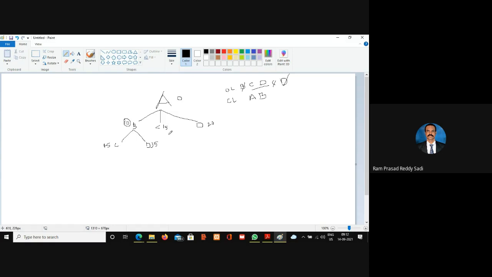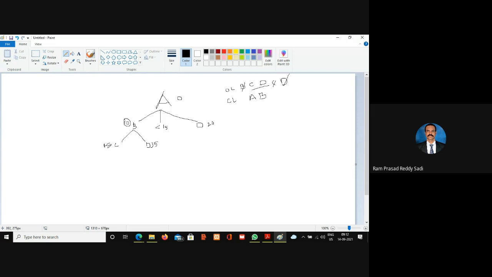That's how it goes. So, suppose you go with the wrong assumption that all these values are there, the repetition of... what is the node that will be next expanded?